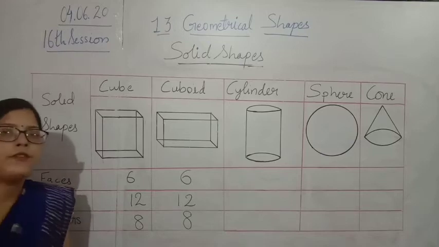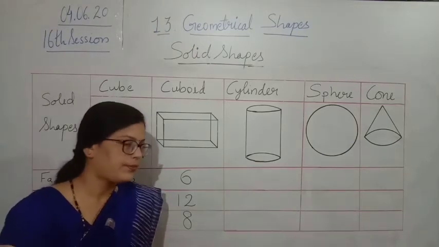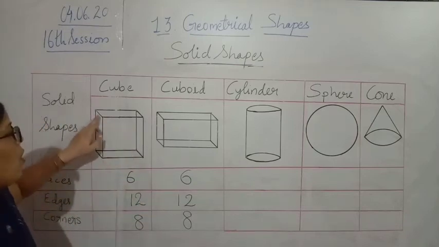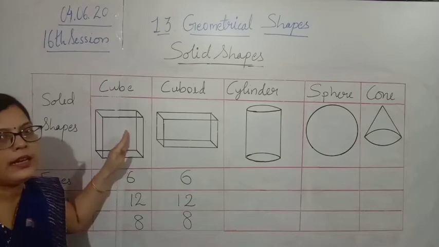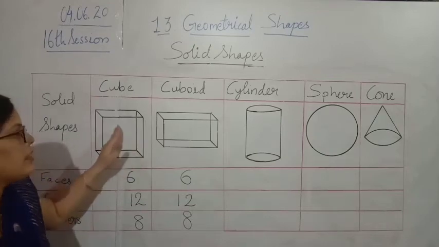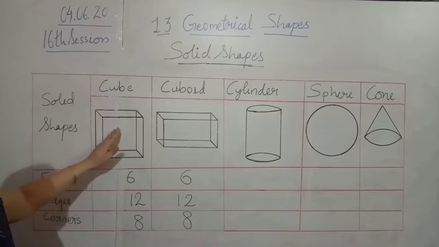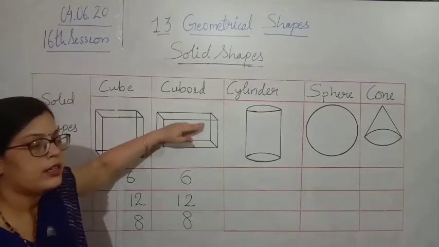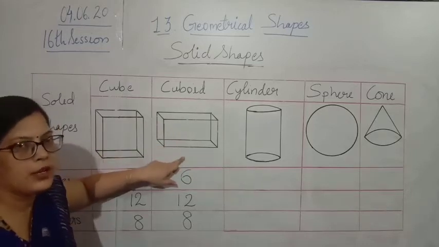Now what is the difference between cube and cuboid? In cube all these edges are of equal length. Now in cuboid, opposite sides are of equal length.